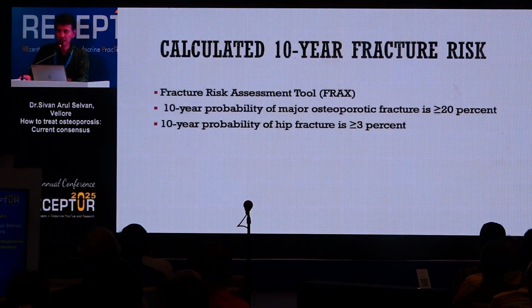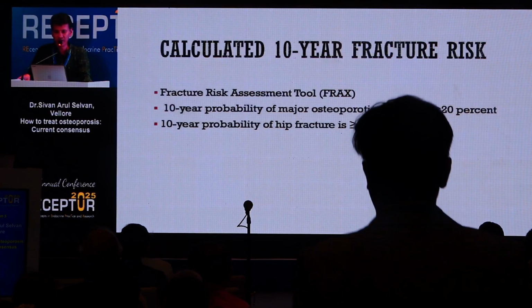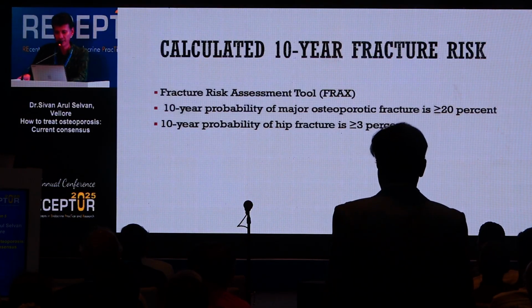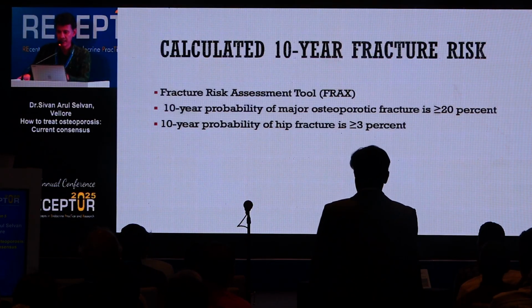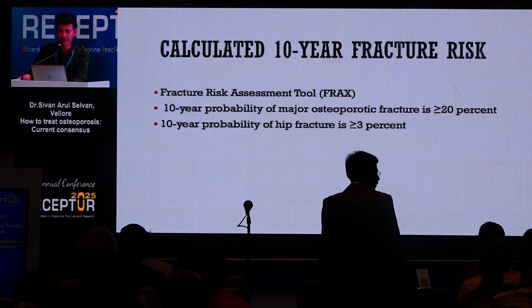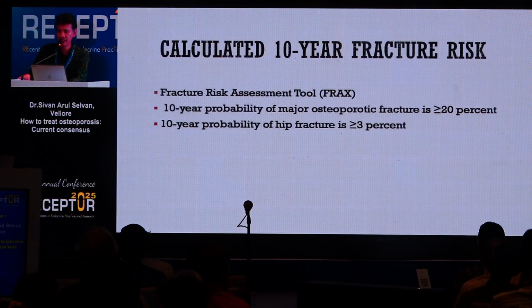There is an easily available online fracture risk assessment tool, the FRAX tool, with specific formulas for each country. You can choose India. If the 10-year risk of major osteoporotic fracture is more than 20%, or the 10-year risk of hip fracture is more than 3%, when you enter the parameters, it will give the fracture risk. So if the patient fits this criteria, then you can choose treatment.